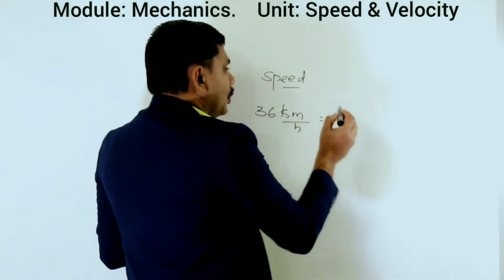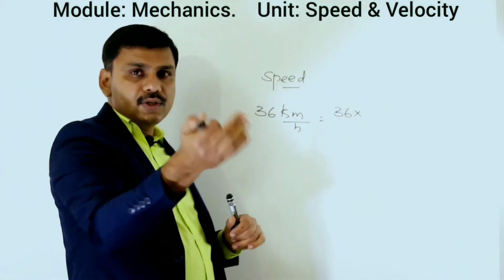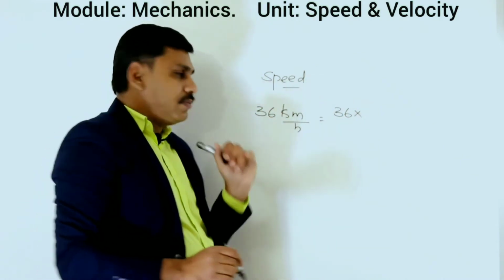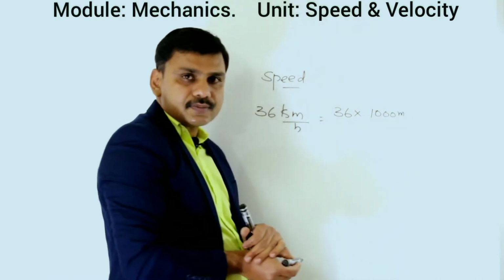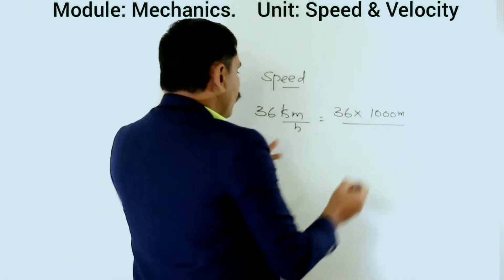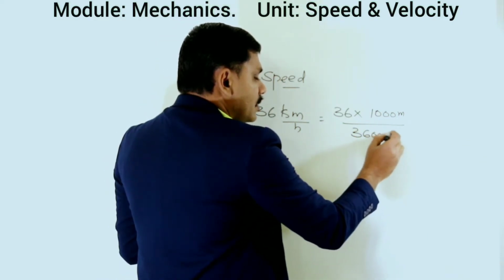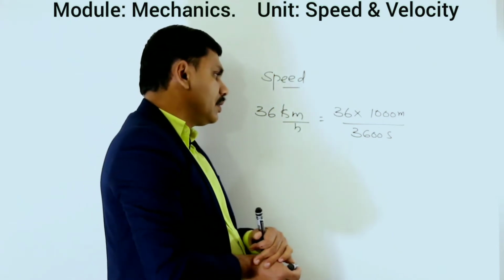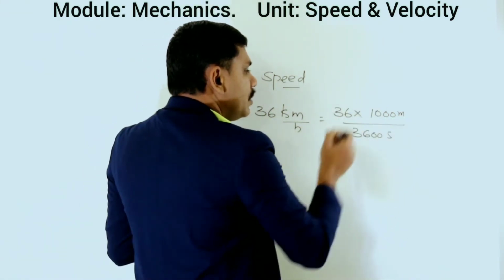So how can you do it? 36 multiplied by kilometer, convert into meter. 1 kilometer is equal to 1000 meter, so multiplied by 1000 meter. Then 1 hour is 3600 second. So when you divide, now it is in meter per second.